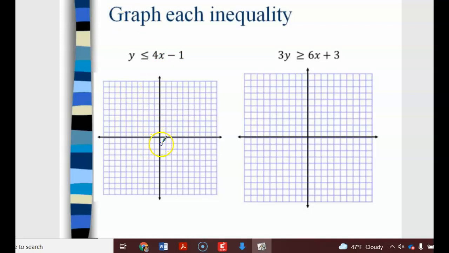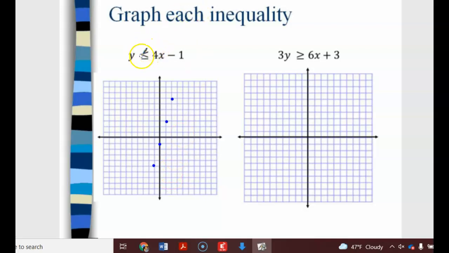So you plot your point at -1, and then you're going to apply our slope. So my slope is 4. So we're going to go up 4 and over 1, up 4 and over 1. You could also go down 4 and left 1.